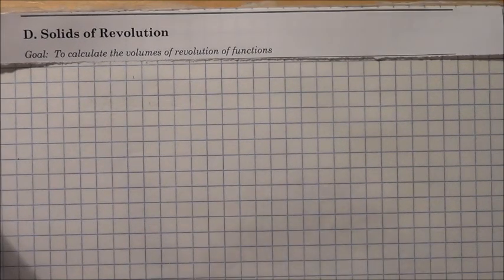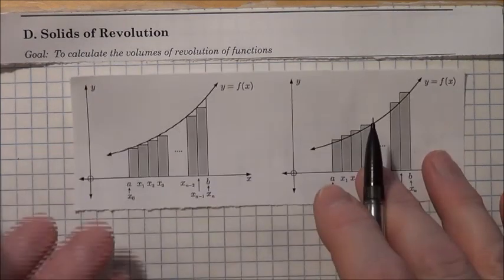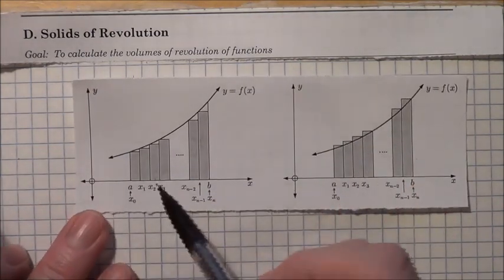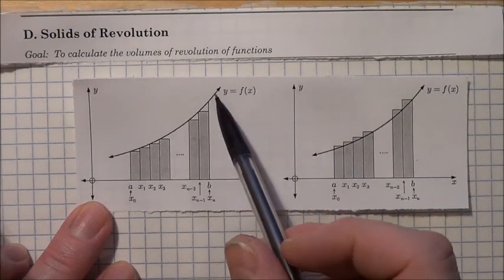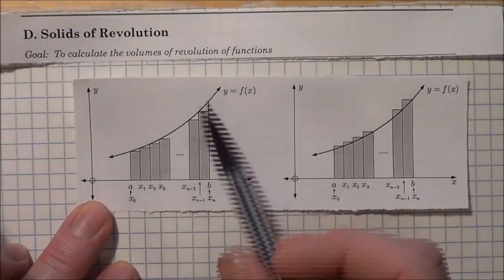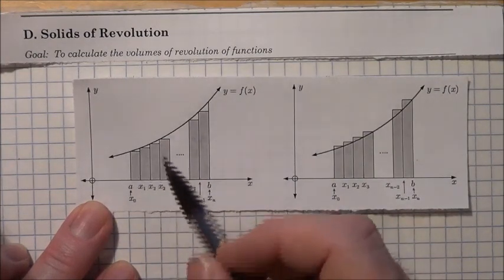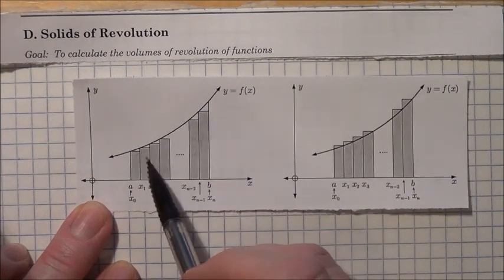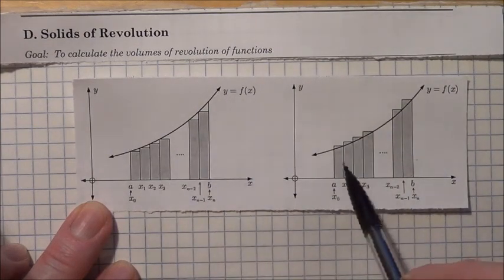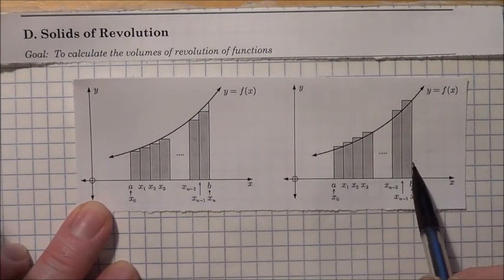When we began looking at integrating and finding the areas under curves, we looked at functions and divided the area under the curve, between the curve and the x-axis, into rectangular strips of lower rectangles, as we can see here, and upper rectangles, as we can see here.